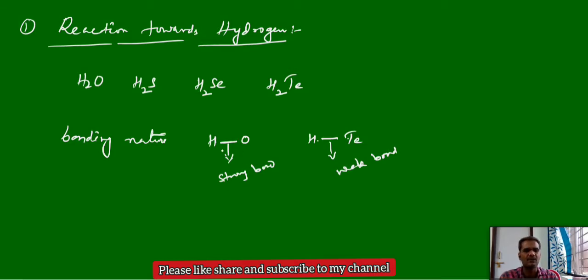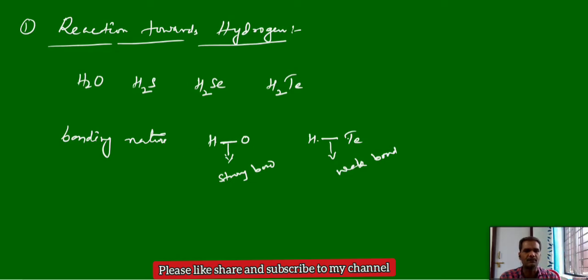Anyhow, a strong bond requires more energy to break, and a weak bond requires less energy to break. So we can say easily, based on this bonding nature, that thermal stability decreases from top to bottom. We can easily break the molecule. Next, the remaining properties, the acidic nature and reducing nature, we can also easily give based on this bonding nature.